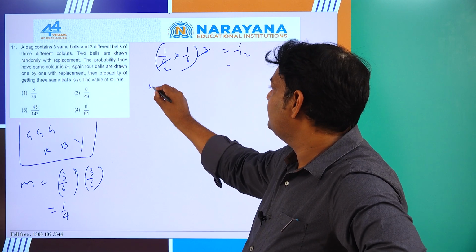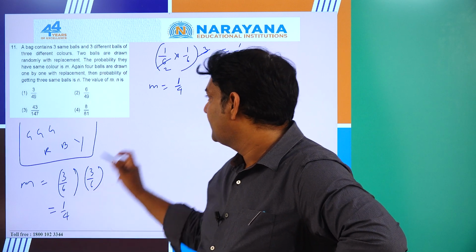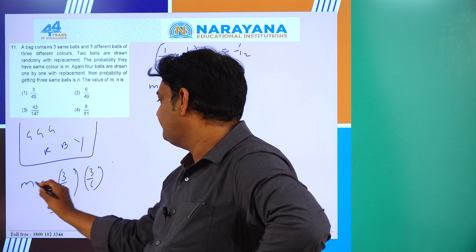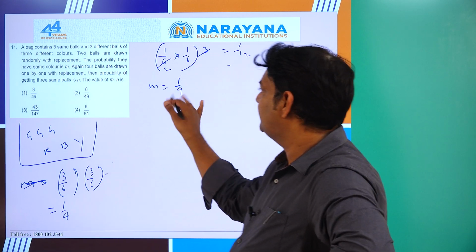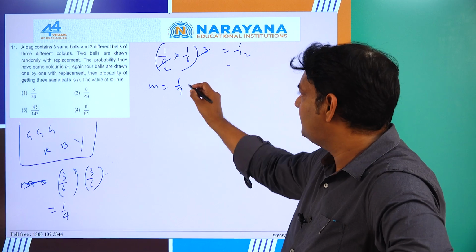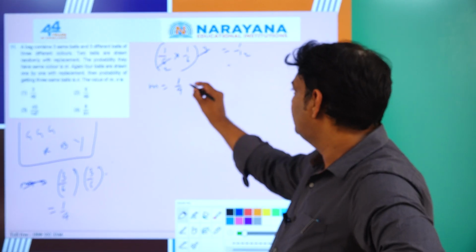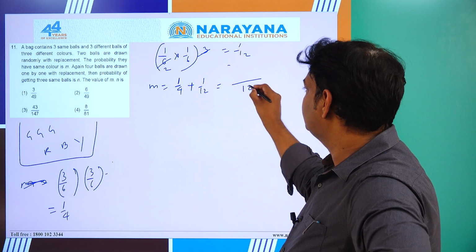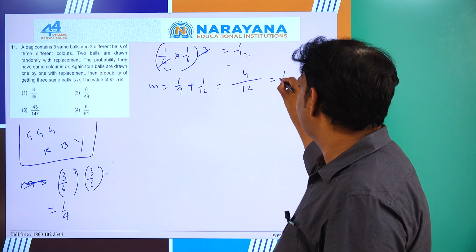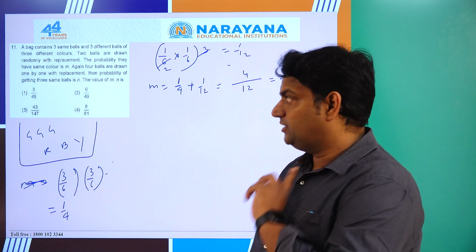So M value will be the sum of these two, 1 by 4 plus 1 by 12. How much? 3 plus 1, 4 by 12. That is, the value of M is 1 by 3. Okay.